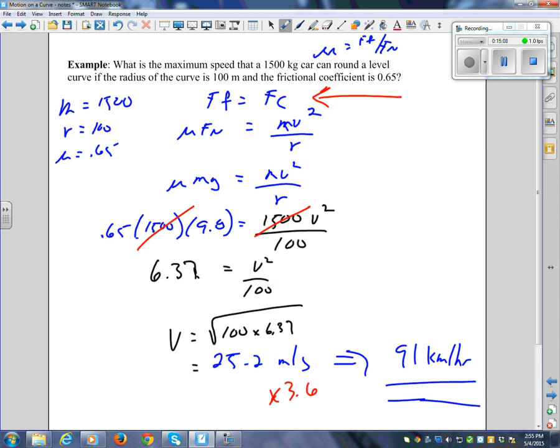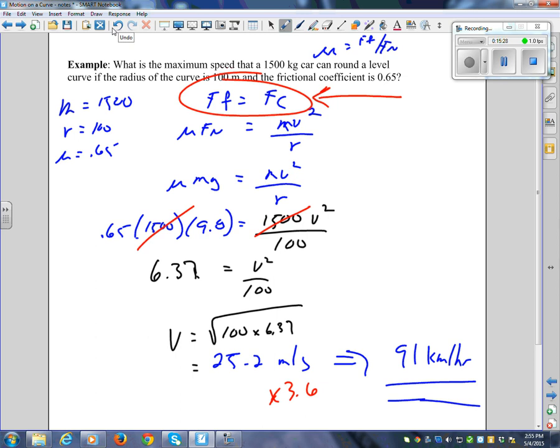Okay, was that hard? What's the basic idea? From a problem-solving standpoint, the basic idea is that the friction force is equal to the centripetal force. Okay. Now, example number 9 is on a banked curve.